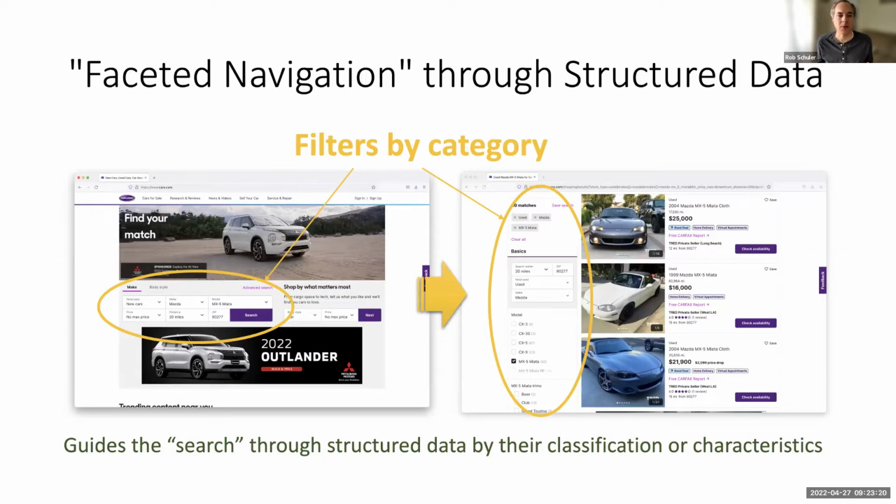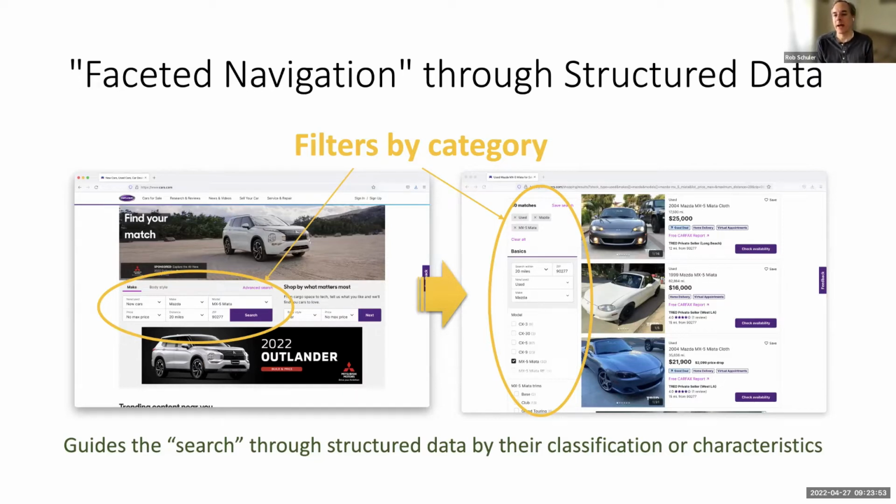That's the technical term, but basically it means you're filtering for an item using its characteristics. On the left-hand side, you see how that starts. The search button is driven by picking that item, whether you're looking for a Mazda and the model is a Miata, you want to find it within 20 miles of your current location, and you search. Then you get dropped into a page of results that looks like the right-hand side diagram.